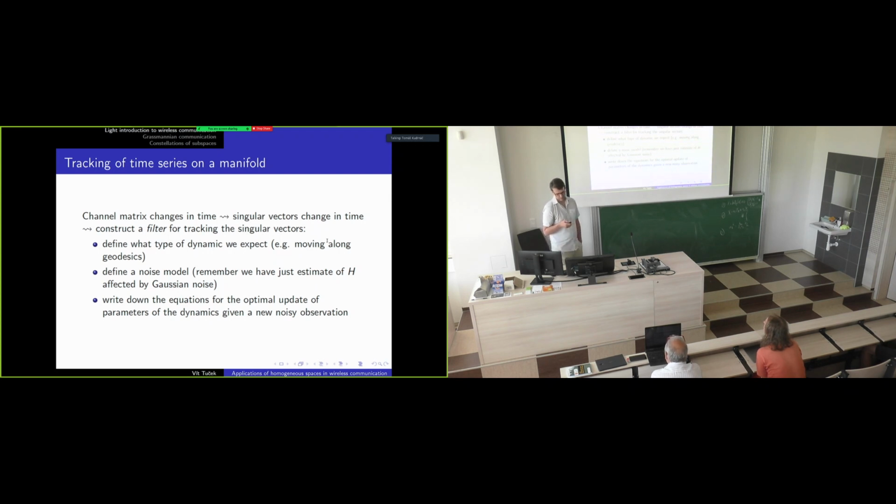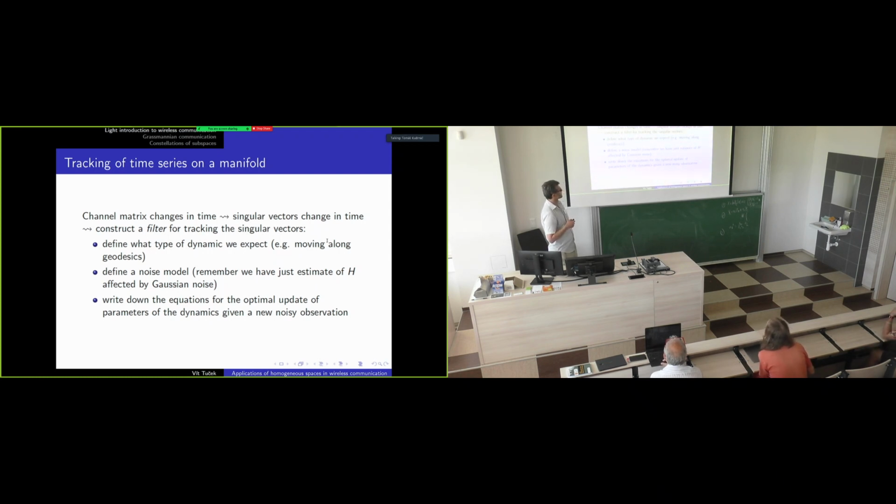A filter is a statistical device that has some underlying model, so you have some idea what the process should be like, what the dynamics of the process are. And then at some points in time you have measurements of the process, and the goal is to construct some update of the parameters of your dynamics so that you are as close as possible to the actual state.